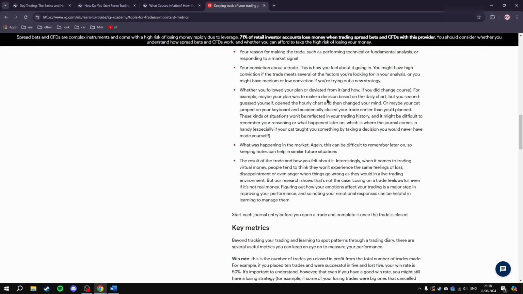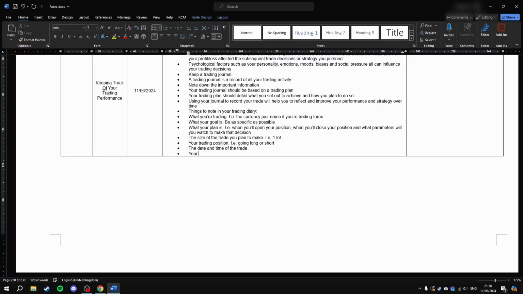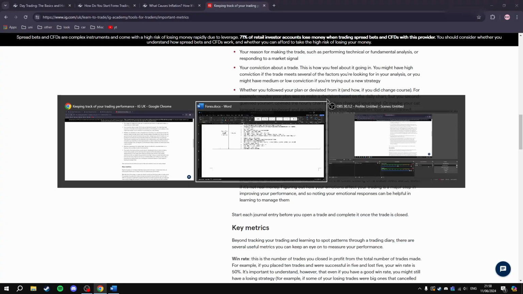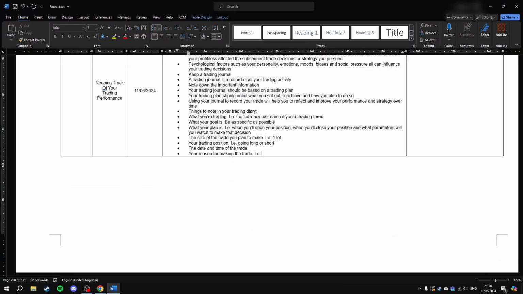Your reason for making the trade, such as performing fundamental or technical analysis or responding to a market signal.